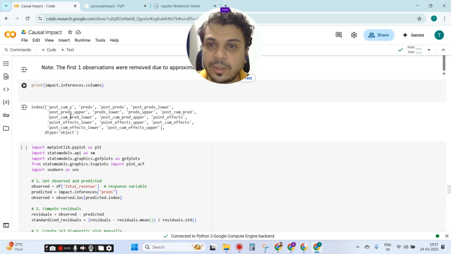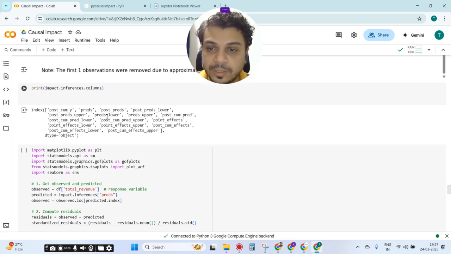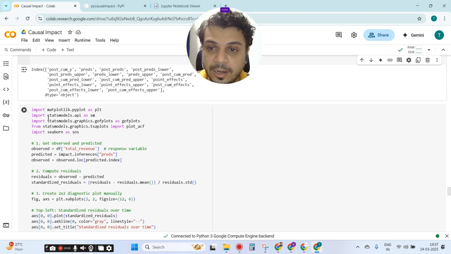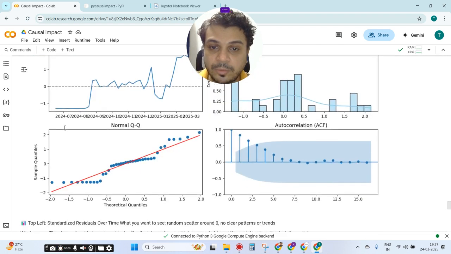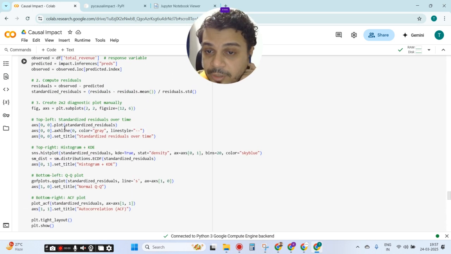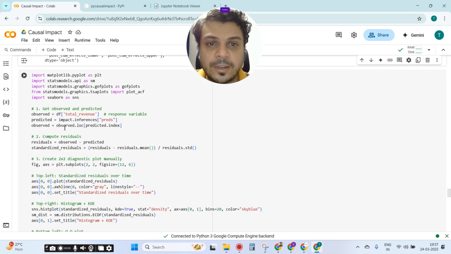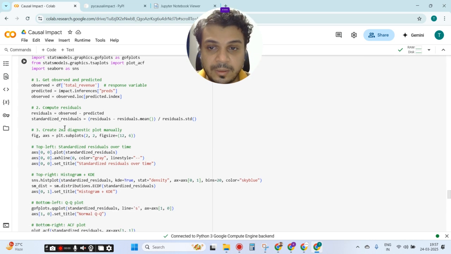So this is where we try to find out the inferences per column. This is all that is present, and this is what you can use under the impact here. And then what I'm trying to plot is the residual. We are just trying to understand how they fare in terms of diagnostics.